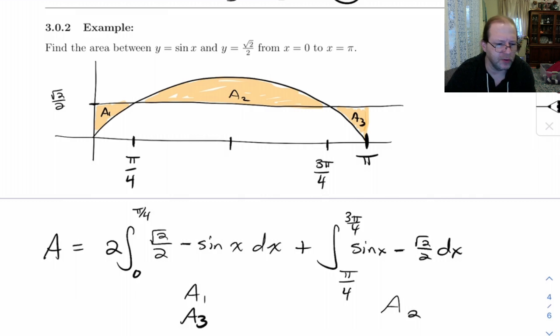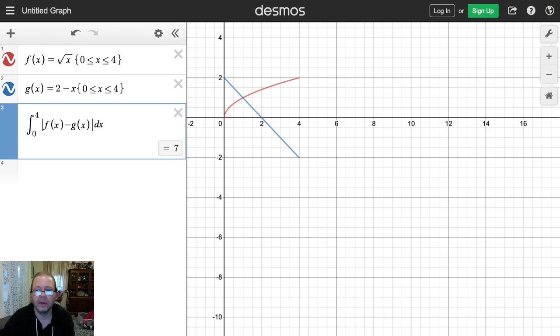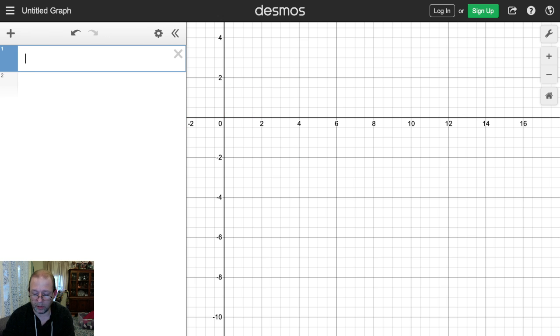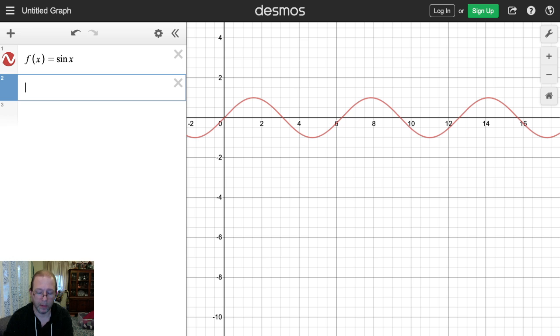Let's use Desmos to do this too. F of x equals sine x. G of x equals root 2 over 2.